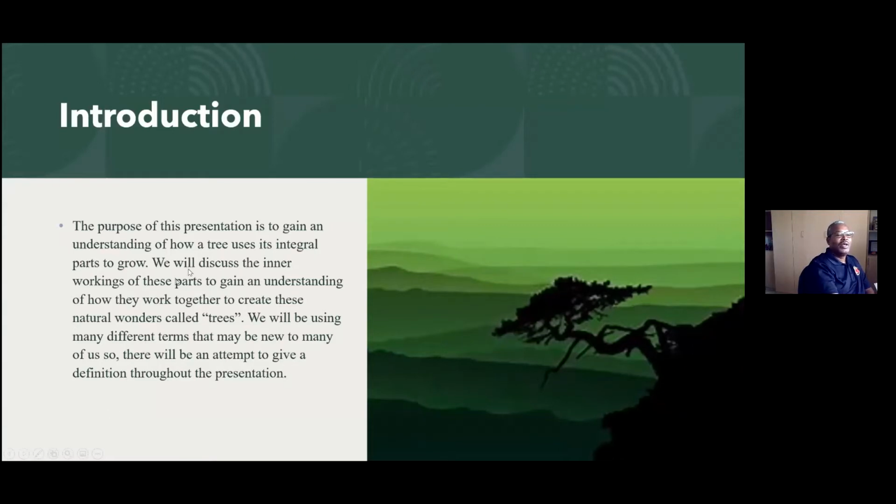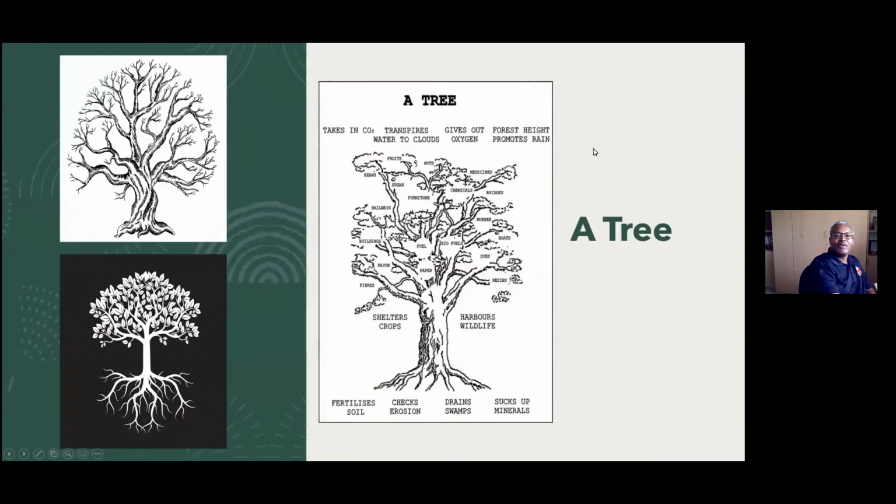Okay, here we go. The purpose of this presentation is to basically give those who have been in bonsai or who are new to bonsai a little bit of knowledge about what happens inside of a tree. If you look at this particular slide here, the one that I'm circling, this is what we see when we look at a tree.